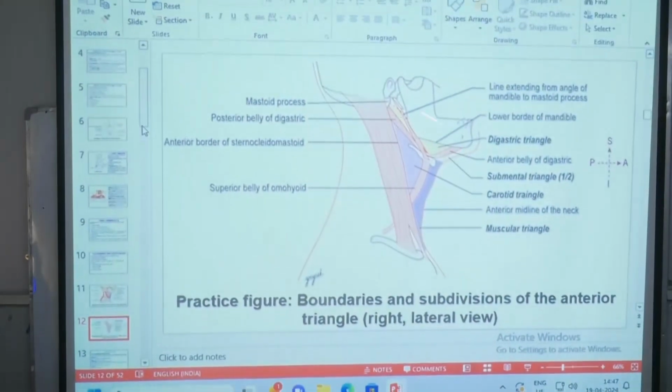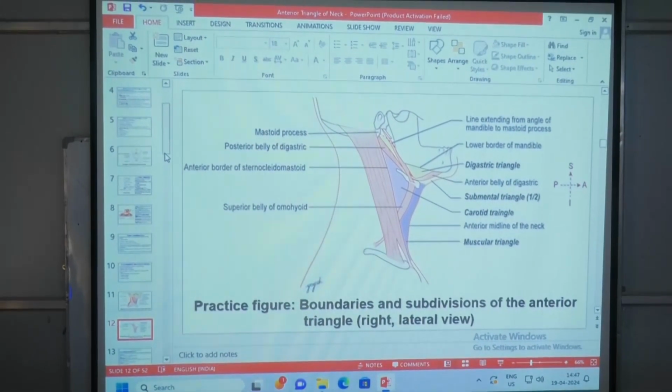So in this dissected body you can see three branches: superior thyroid, lingual, and facial. So all these you have to see. Here in the digastric triangle we have removed the superficial part of the submandibular gland, and you will see the floor muscle that is mylohyoid, and you will see the hypoglossal nerve.